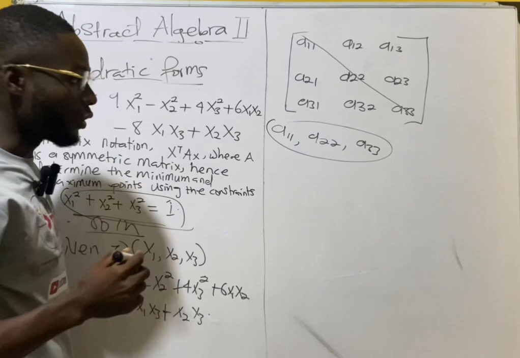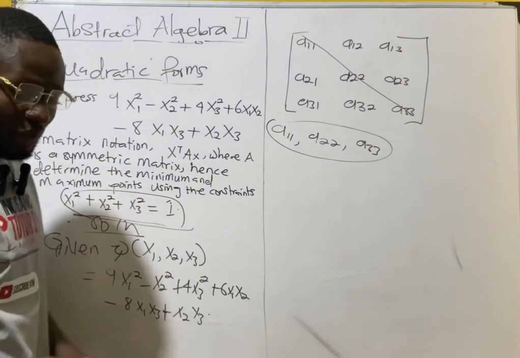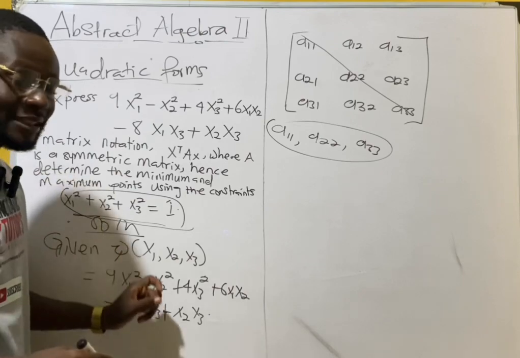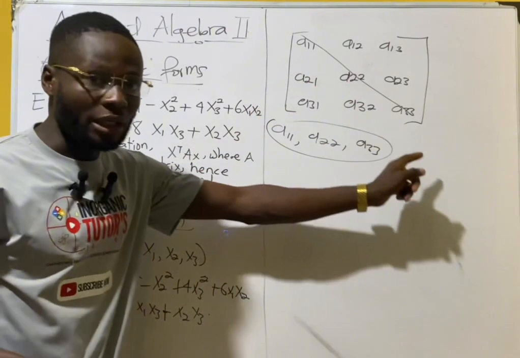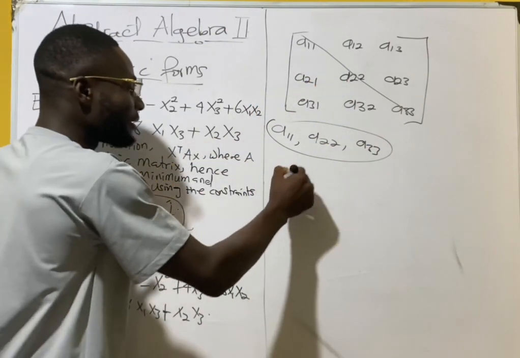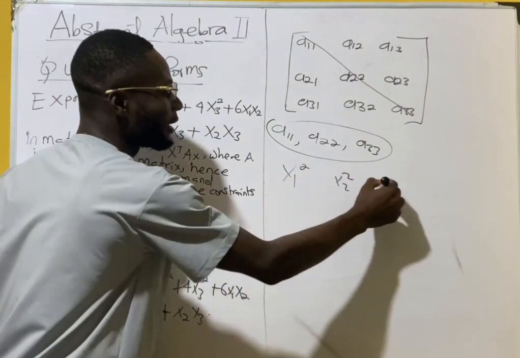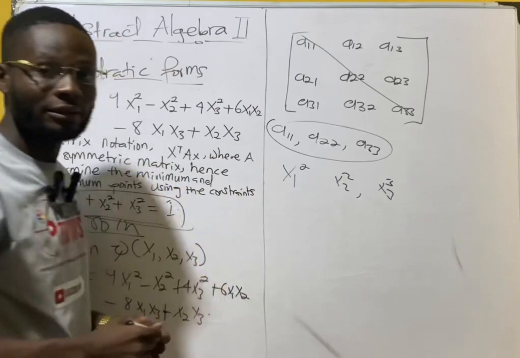So when it comes to the quadratic form, the elements that will represent the main diagonal are x1 squared, x2 squared, and x3 squared.